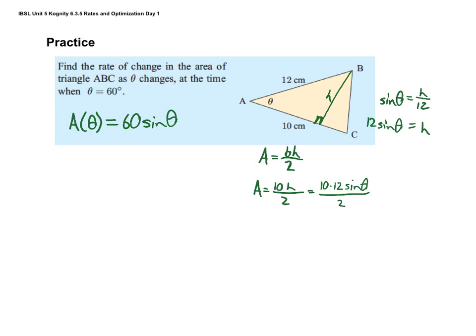By the way, the formula that we just derived, if you were to use a and b instead of 10 and 12, we would have one half a b sine of theta.